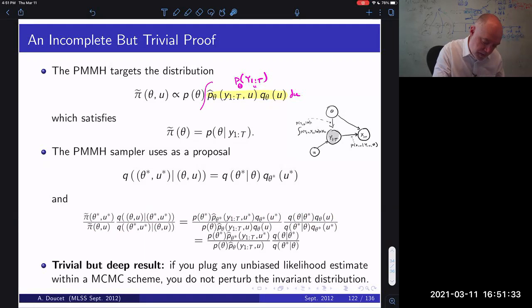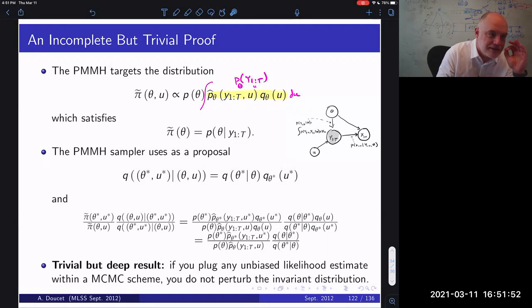But notice how this proposal distribution is factorized. It's just saying make an independent Metropolis Hastings sample for each of these random variables u, because why not? Then this cancels with this, and what you're left with is this beautiful thing.